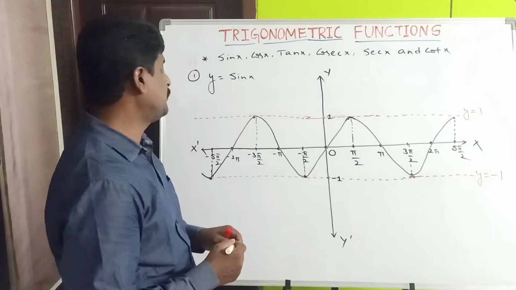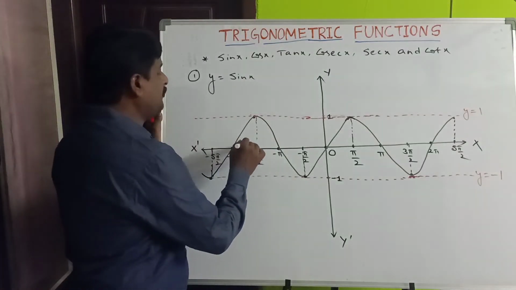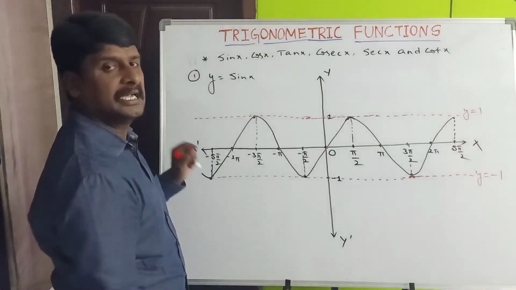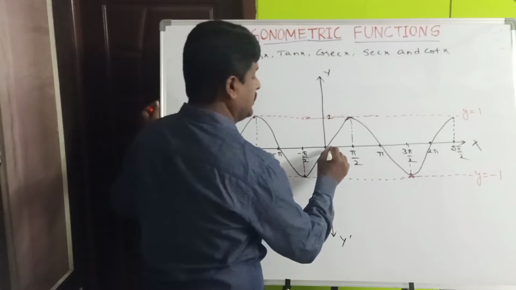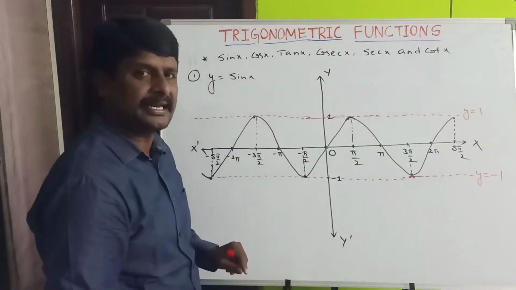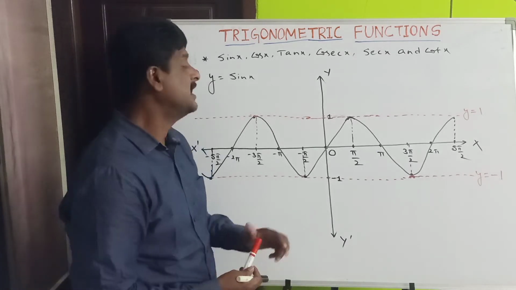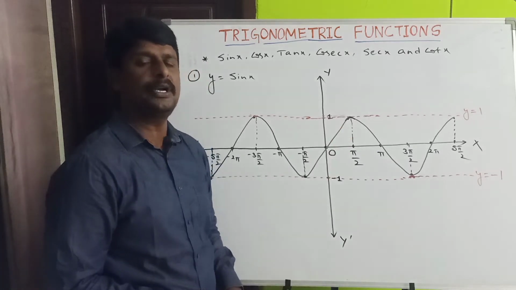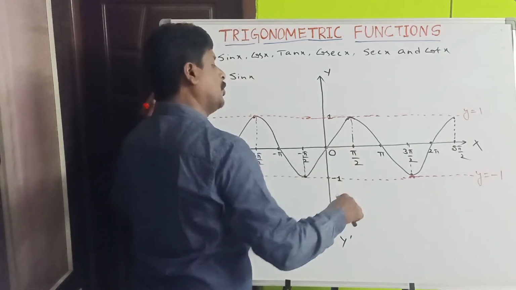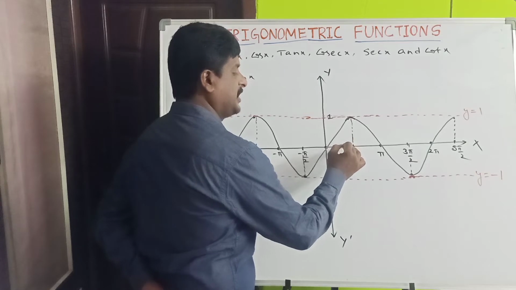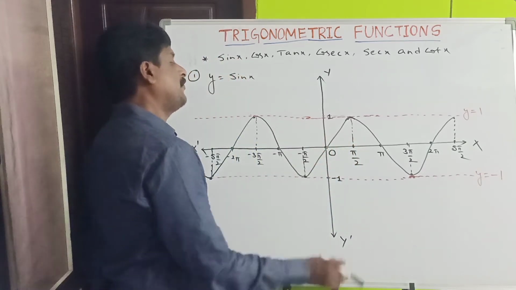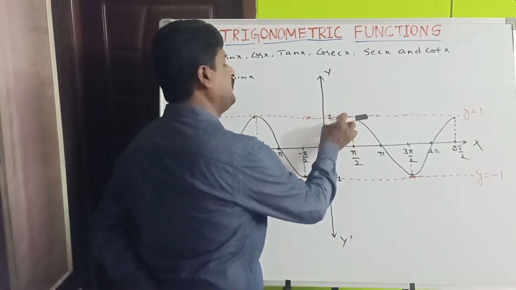And also observe for what values of x the graph is defined. I am considering only a few known values, and I am taking only multiples of 90 for convenience. But besides 90, we can see known angles like 60, 45, 30, 75, etc. For all those values also the graph exists.